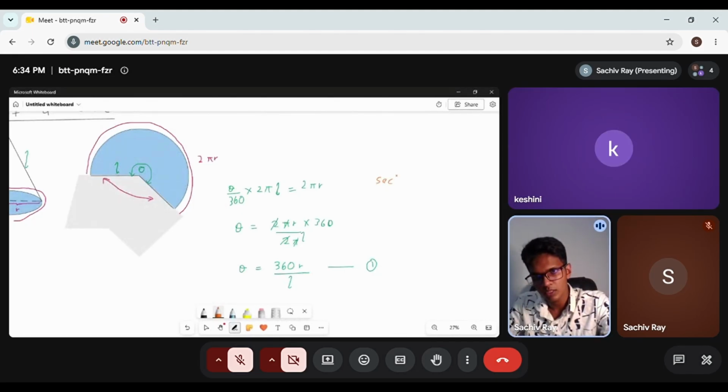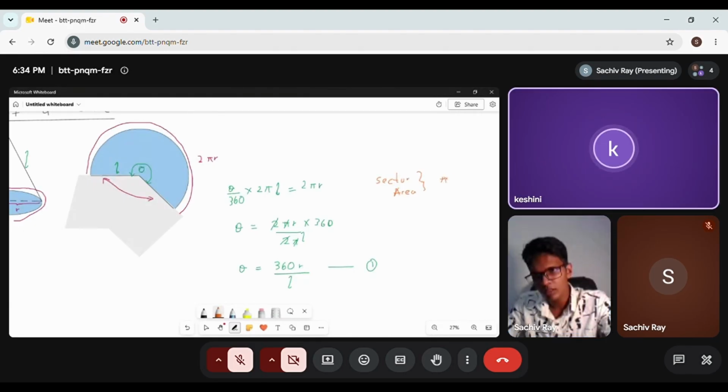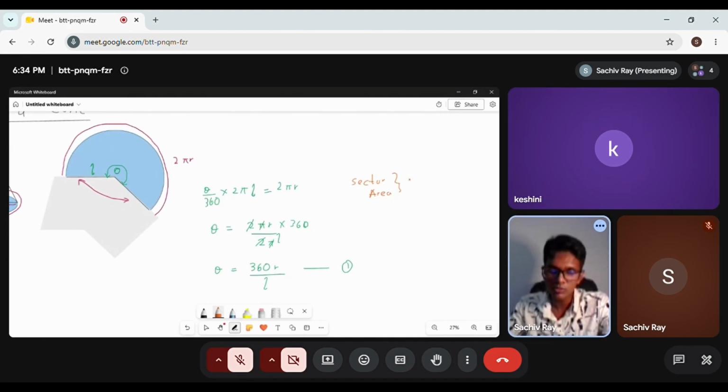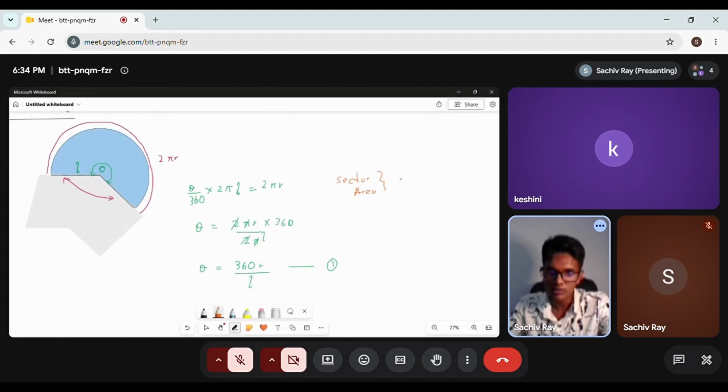I'm just going to put sector area will be equal to pi. That's the circle, right? For a sector, it should be theta over 360 times pi r squared, right? Okay. Are you clear about that part? Yes, sir.